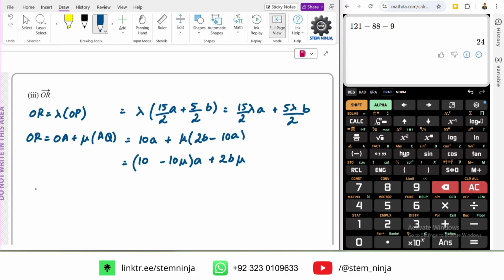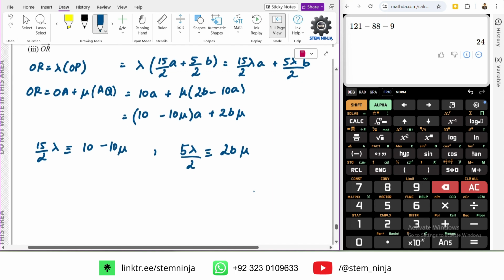Since both of these descriptions are identical, 15 over 2 lambda is identical to 10 minus 10 mu, and 5 lambda over 2 is identical to 2 mu.